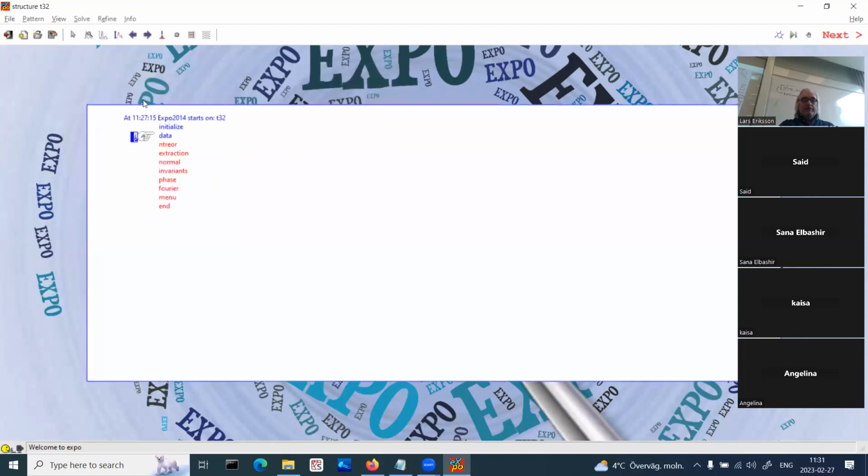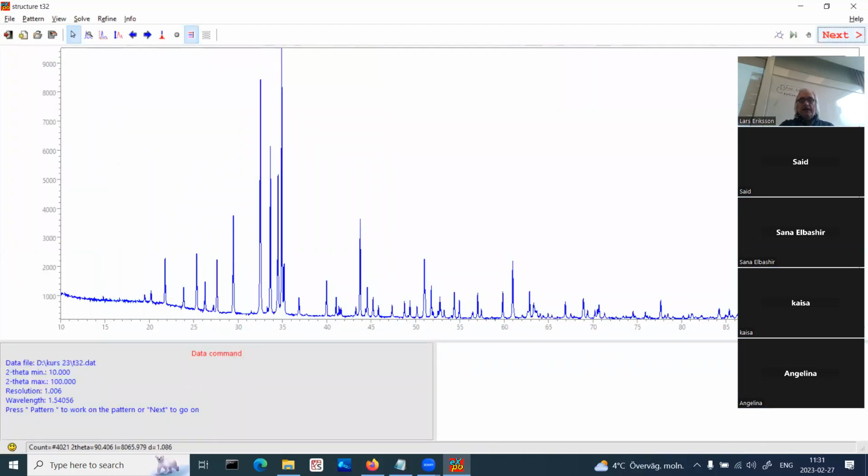Let's quit this one, and here comes the pattern. So what does EXPO do? Next, maybe. Then it detects a lot of peaks. We can use this select area to zoom.